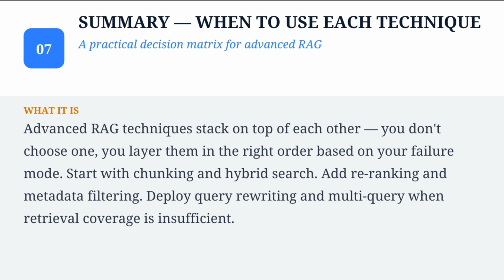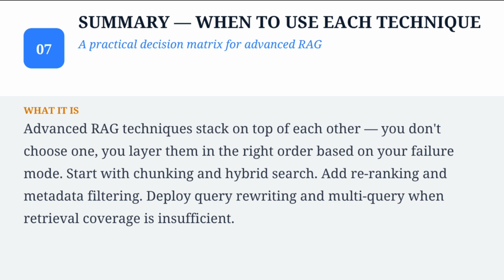Benchmark retrieval hit rate. If it is under 70%, nothing else will help you. Then hybrid search, BM25 plus vector, fused with RRF. This immediately handles the gap between semantic and exact match queries.